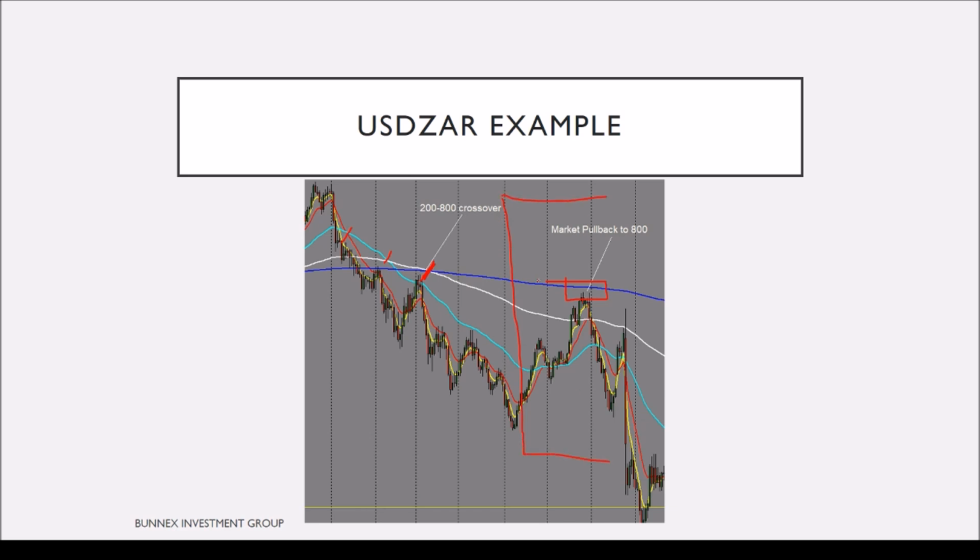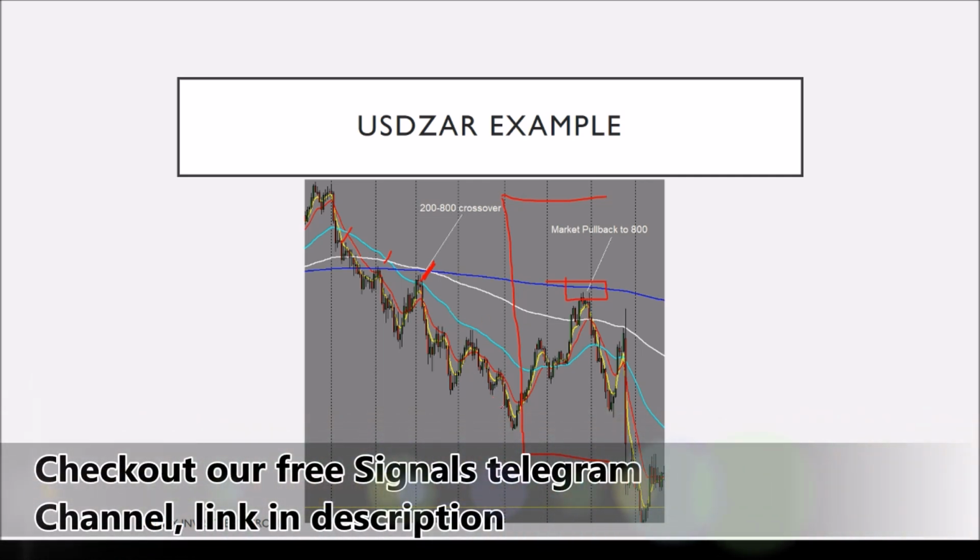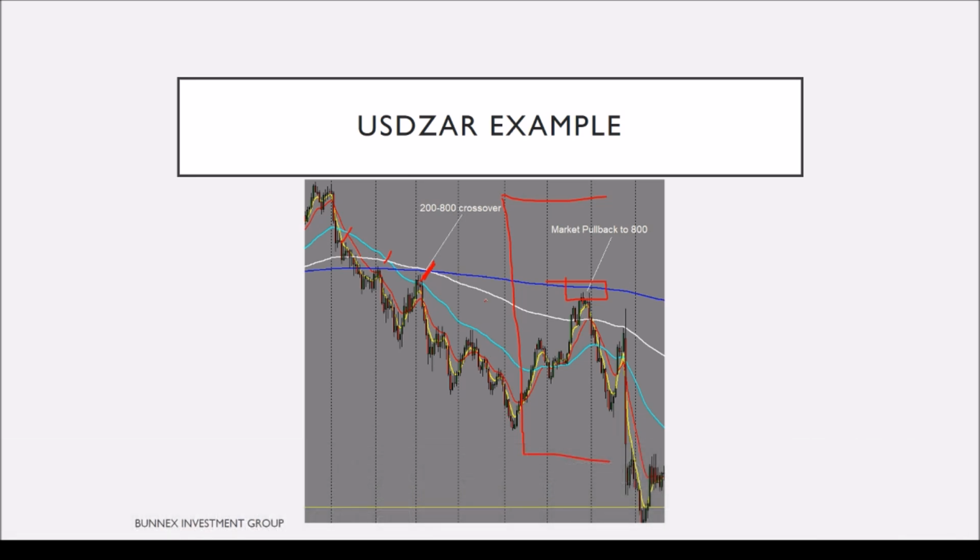We didn't see this part when this was in play. After the 200-800 crossover, the market went down and we expected it to pull back to the 800 EMA.